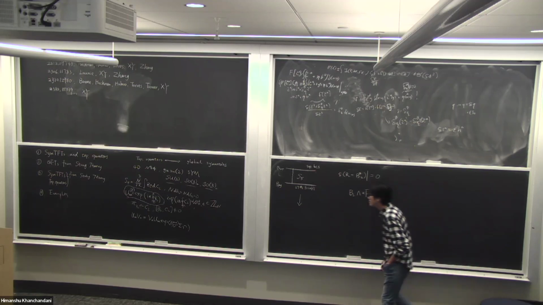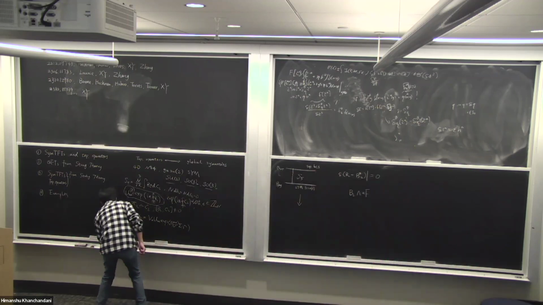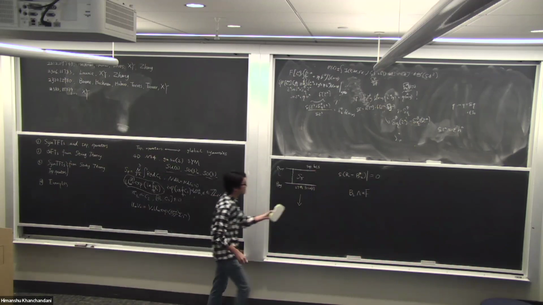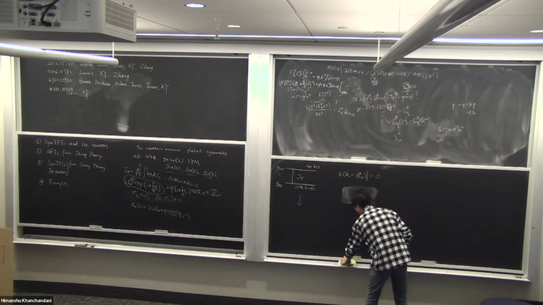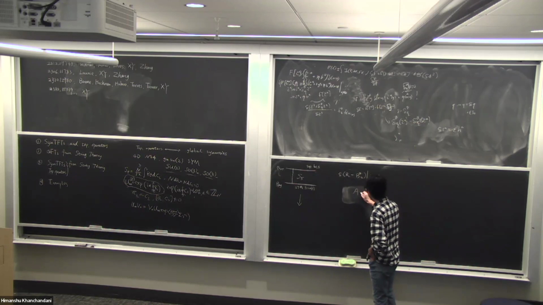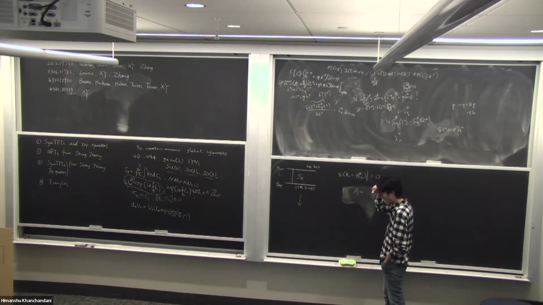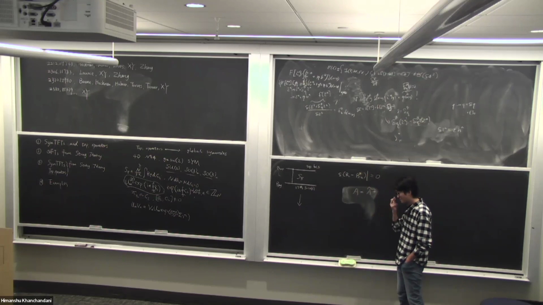Oh, it might be something like this. Let's say you have a non-abelian field A, and you can try to split it.